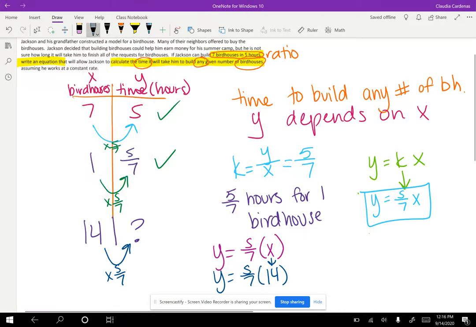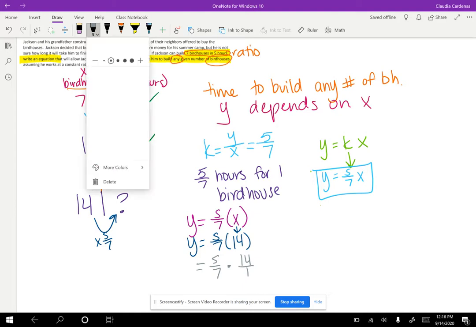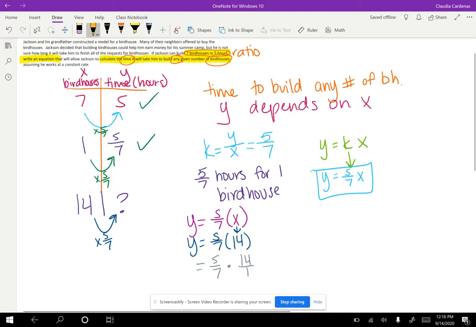But let's go ahead and review how to multiply fractions. So I see that 14 is a whole number. It isn't written as a fraction. So I remember that to rewrite it as a fraction, I need to have 14 over 1, so that when I simplify this fraction, it goes back to that whole number of 14. And then how do we multiply fractions again?